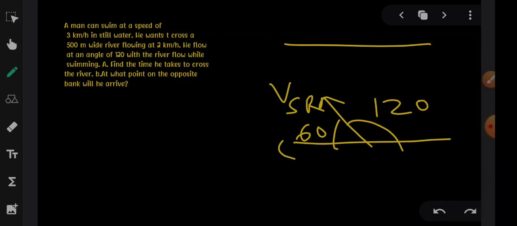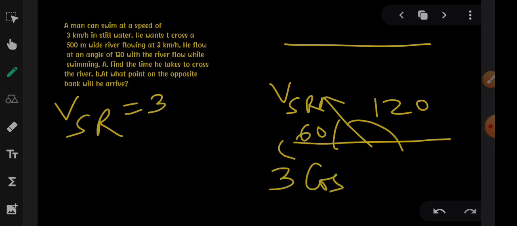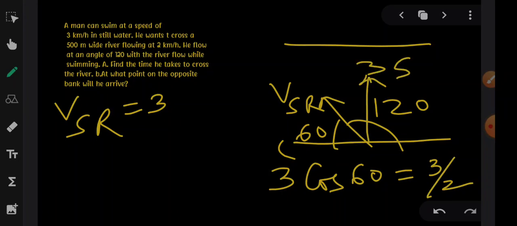Vsr is 3, so it will be 3 cos 60. Cos 60 is 1 by 2, so this is 3 by 2. And the other is 3 sin 60, and sin 60 is root 3 by 2, so it will be 3 root 3 by 2.